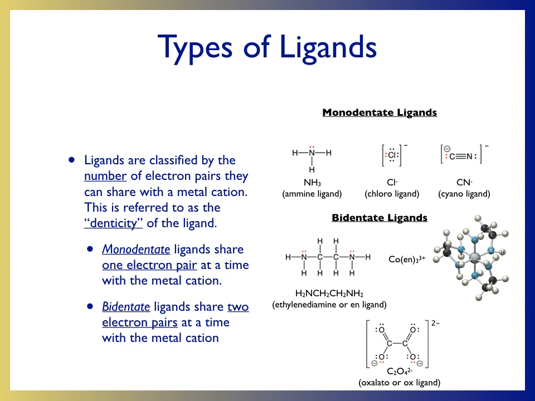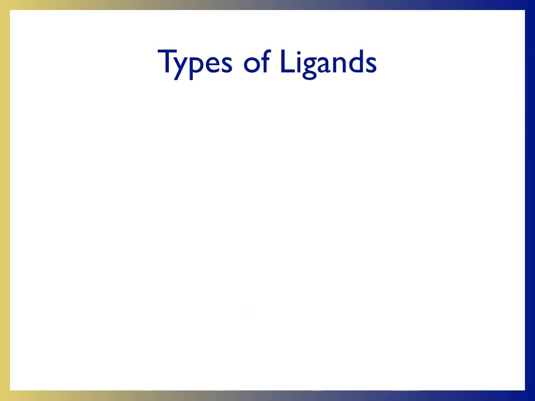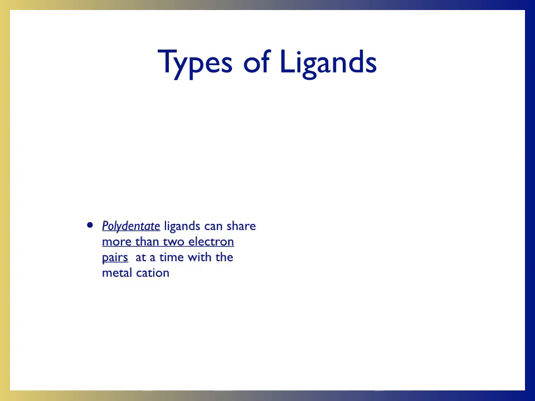Here there are two pairs of electrons on the oxygens with a -1 formal charge that can be shared between the ligand and the transition metal in the complex ion. Beyond bidentate ligands, you can also have ligands that share more than two electron pairs. We can collectively call those polydentate ligands.